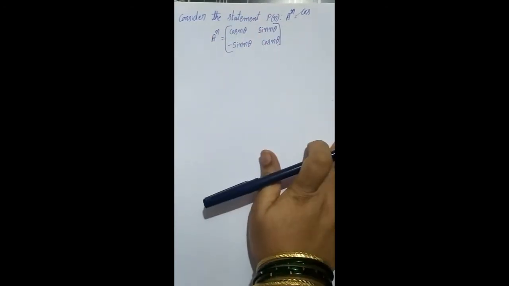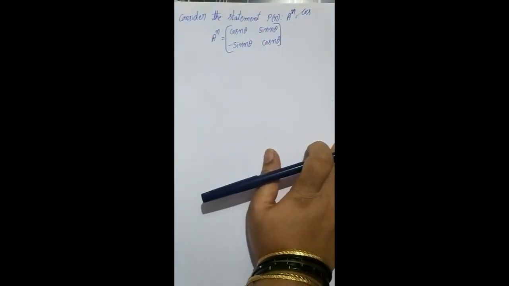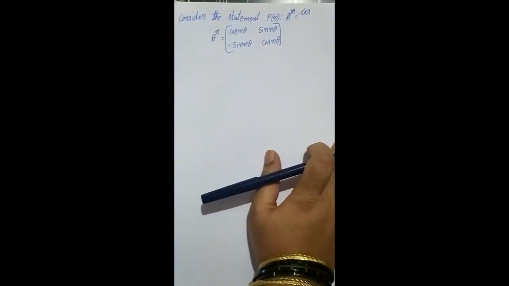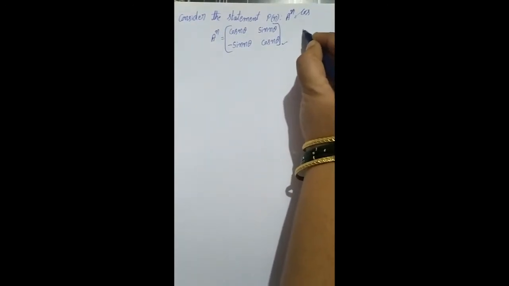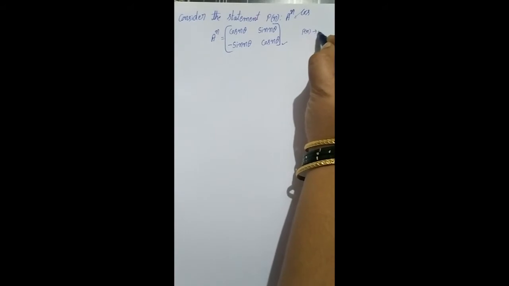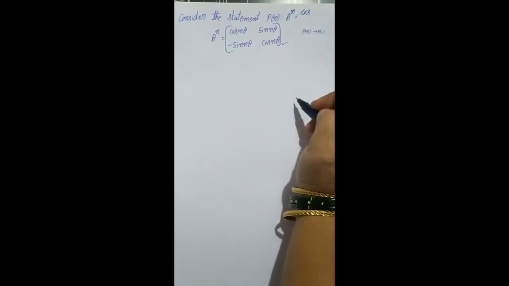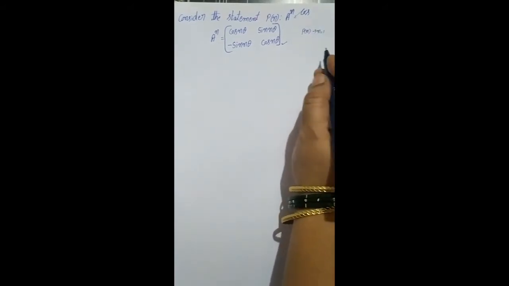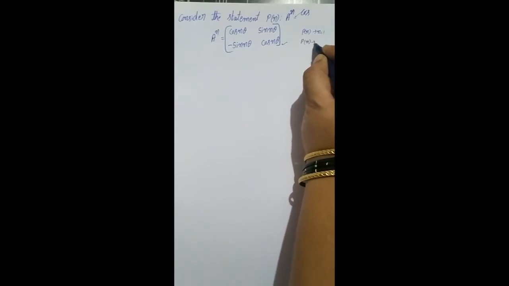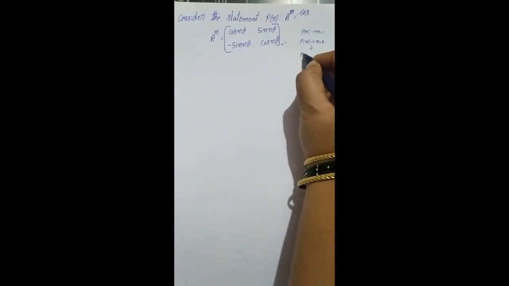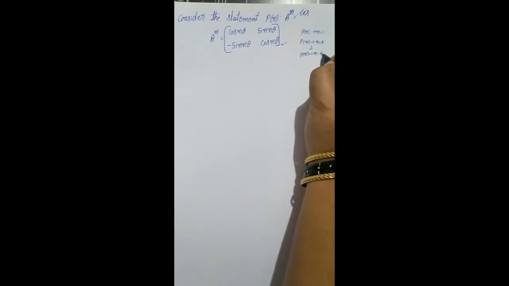By using mathematical induction, first we have to prove P of n is true for n equal to 1, and also let P of n be true for n equal to k, and then by using this we have to prove P of n is true for n equal to k plus 1.